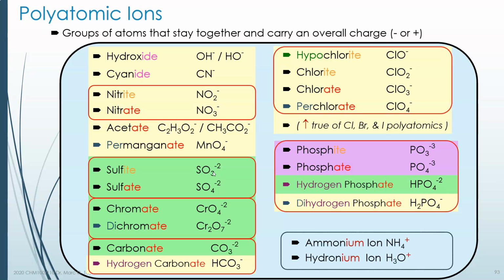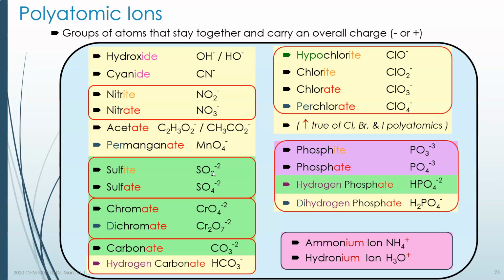In addition to all of these negatively charged polyatomic ions, we have a couple positively charged ones that you need to know for this course. You'll need to know the first one for this unit and the next unit, especially when we're starting to do nomenclature, and the second one, hydronium ion, is going to become extremely important when we get to the acid and base unit. So ammonium is derived from the compound ammonia, NH3.